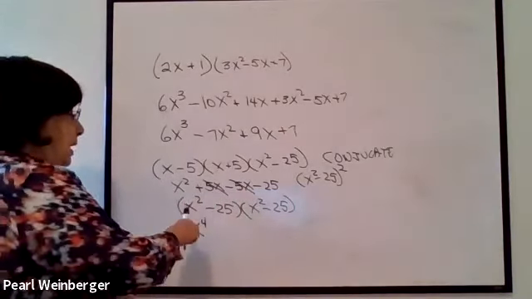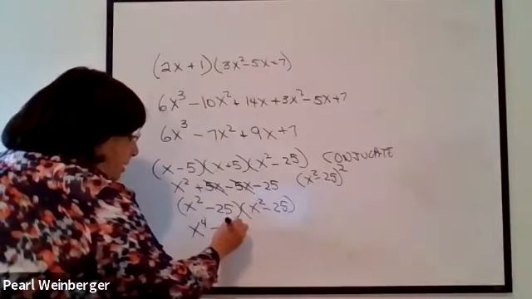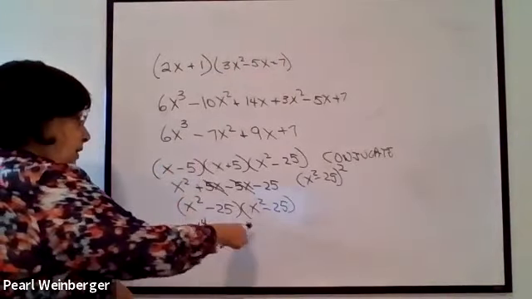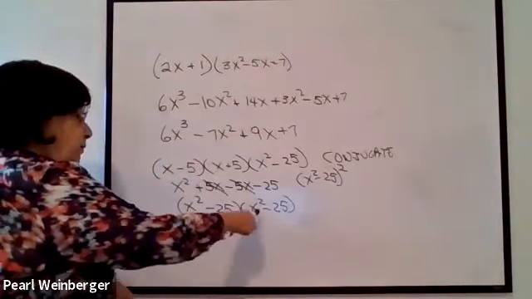Outer is x squared times -25, which is -25 x squared. Inner, -25 times x squared is -25 x squared. Notice both of these are -25 x squared. So it's not one positive and one negative. And the last is -25 times -25.